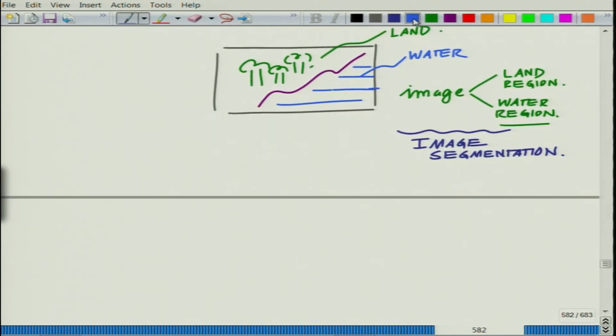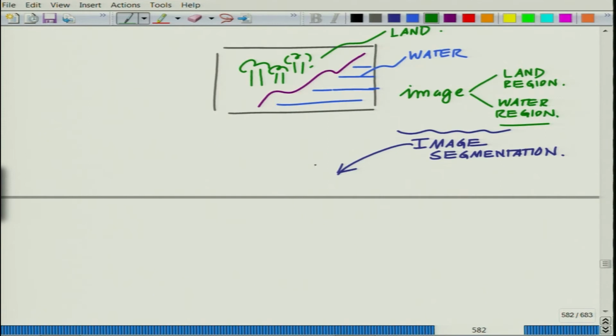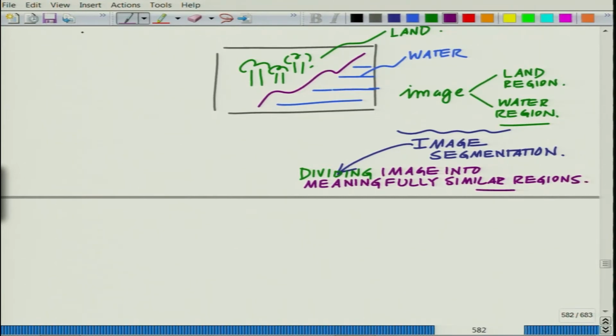This is essentially dividing the image into meaningful, perceptually similar regions, regions that have some similar characteristics, for instance, in this case land and water.